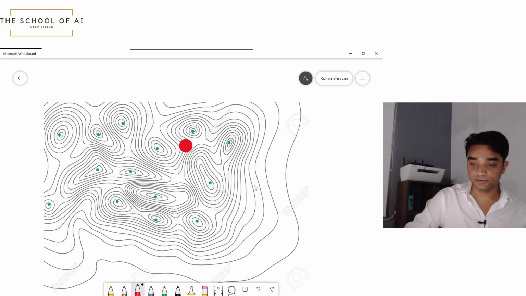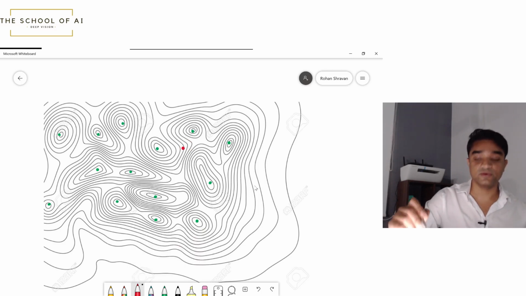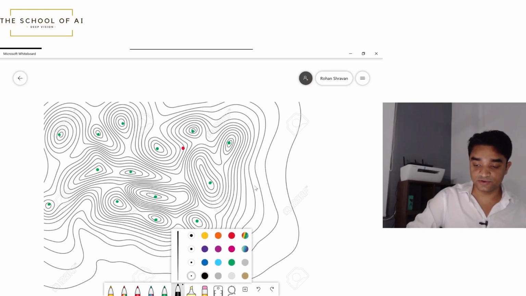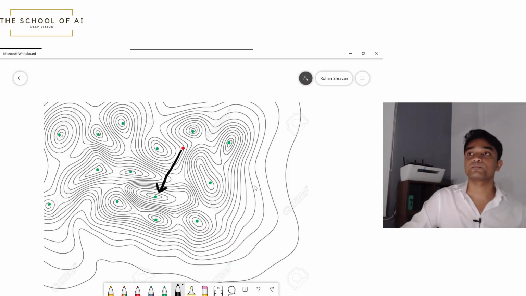Okay, this guy actually wants to go here. That guy actually wants to go there. These are randomly initialized variables. It can be in separate directions also.